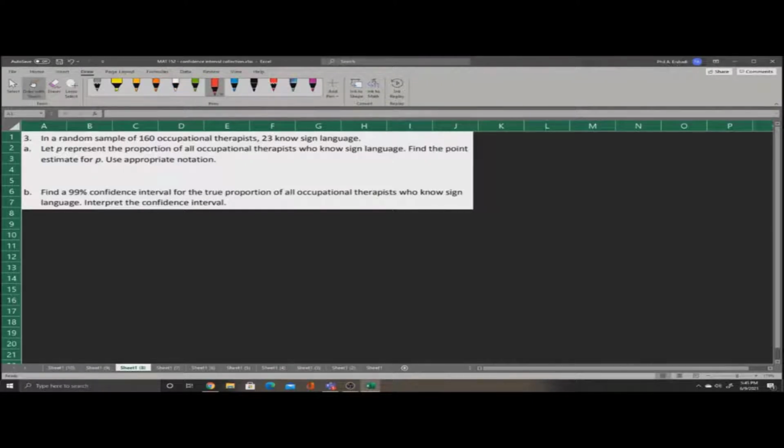Now, this is going to be a proportion problem. So, when we are asked to estimate a proportion, that is, finding the point estimate, we call this P hat.